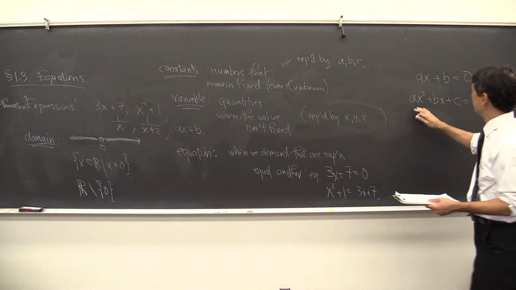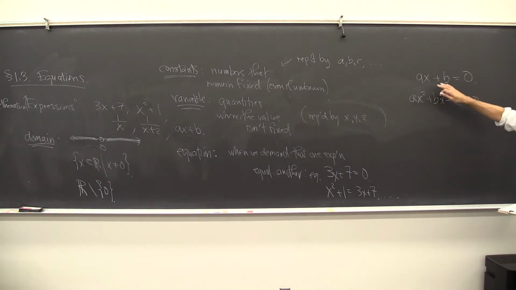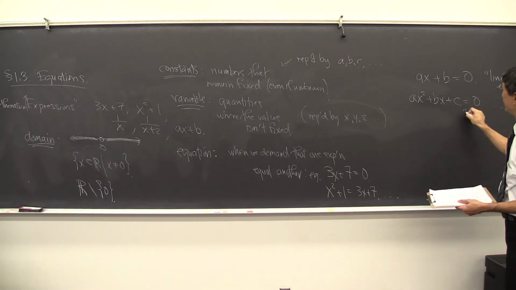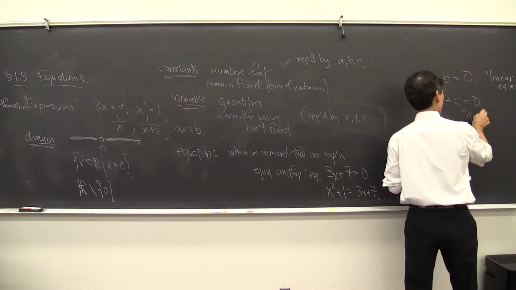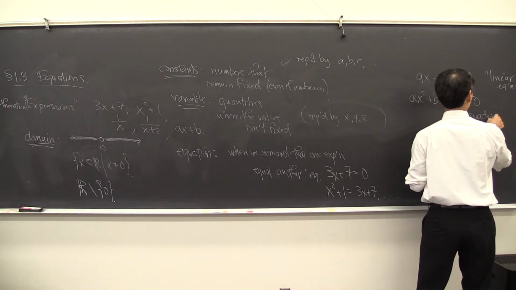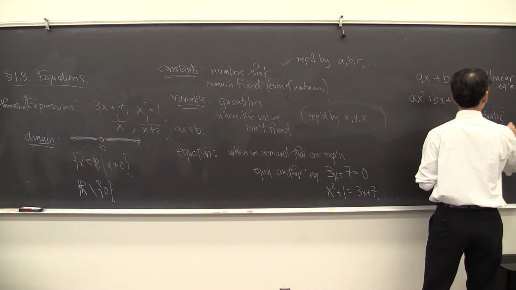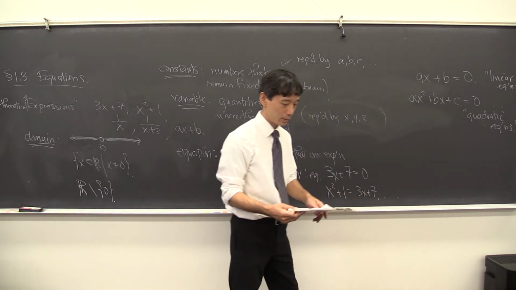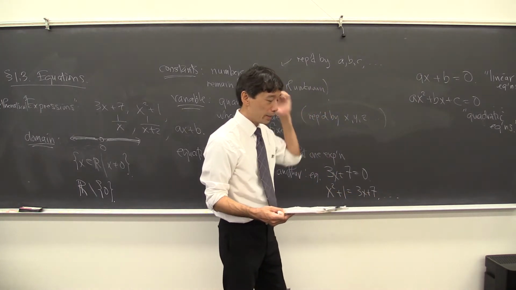These types of equations are called linear equations. These types of equations are called quadratic equations, etc.